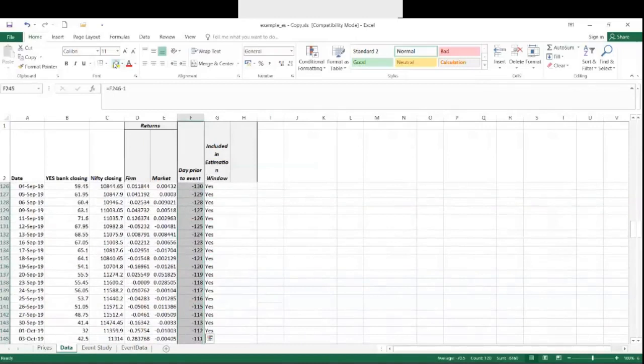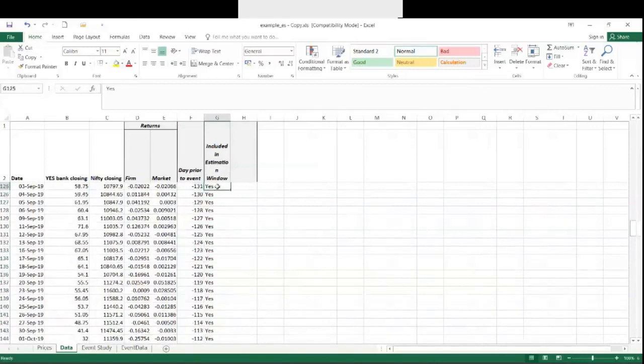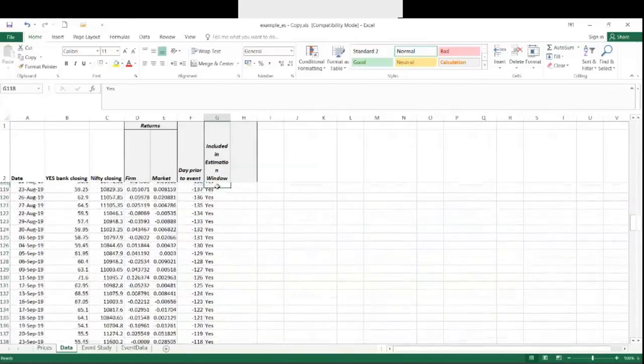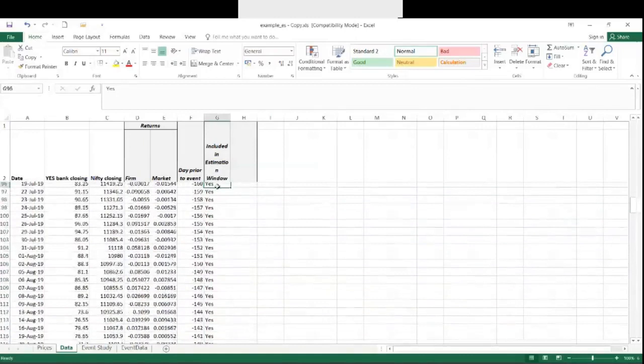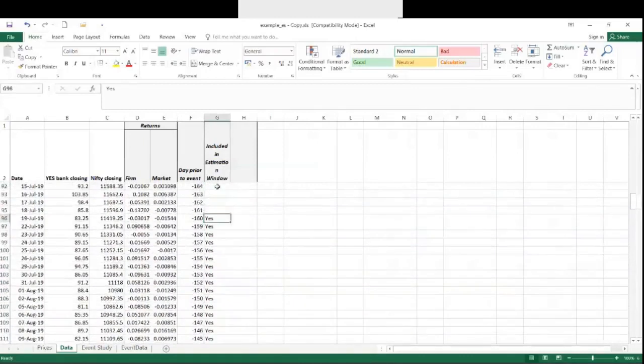Minus 130 plus 10 is minus 120, so that is 120 days of observations from 10 days prior to the event. That forms my estimation window. Here I can go up to 150 days, so I have increased it just to show you that you can; otherwise you can have the 120 days also. Now this is more days, so let me just reduce it.